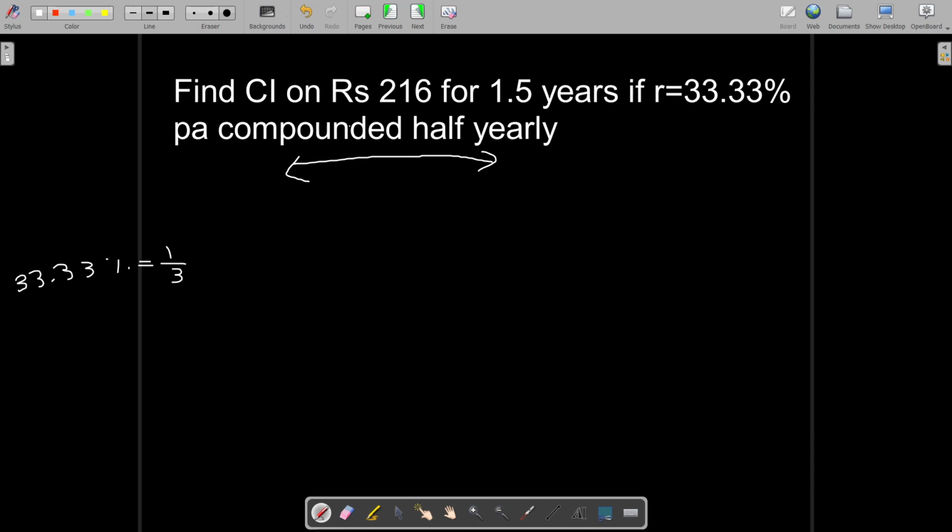This 33.33% is the rate of interest for a year. But here the compounding period is half year. So you have to find the rate of interest for the first compounding period, for the first 6 months, which is 1 by 6. 33.33% is for 1 year or 12 months.